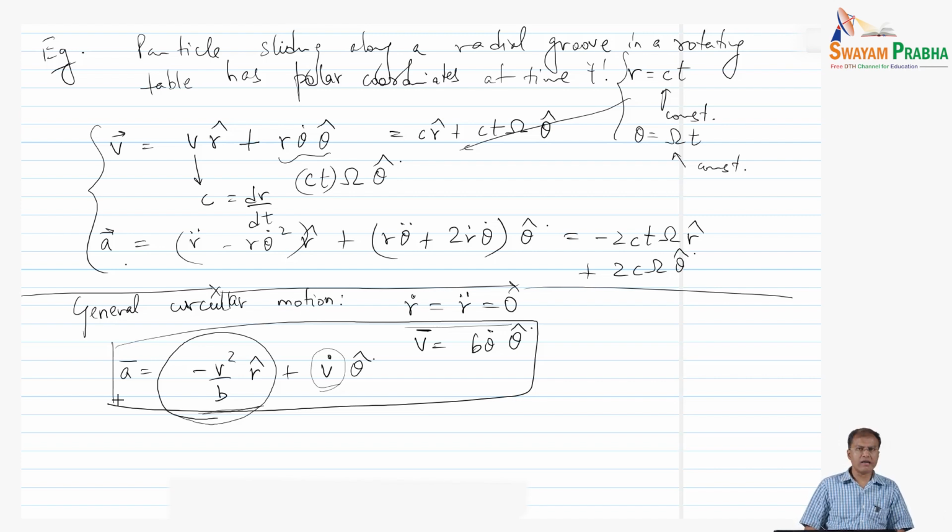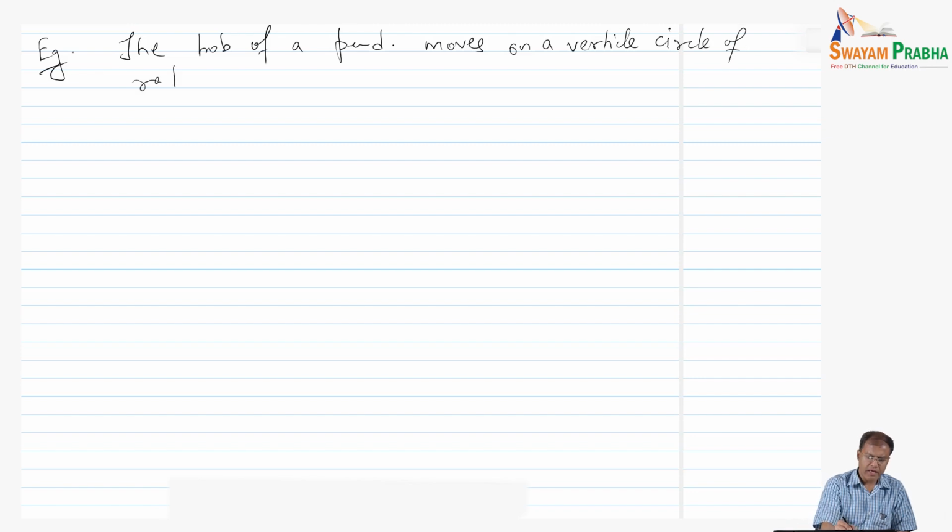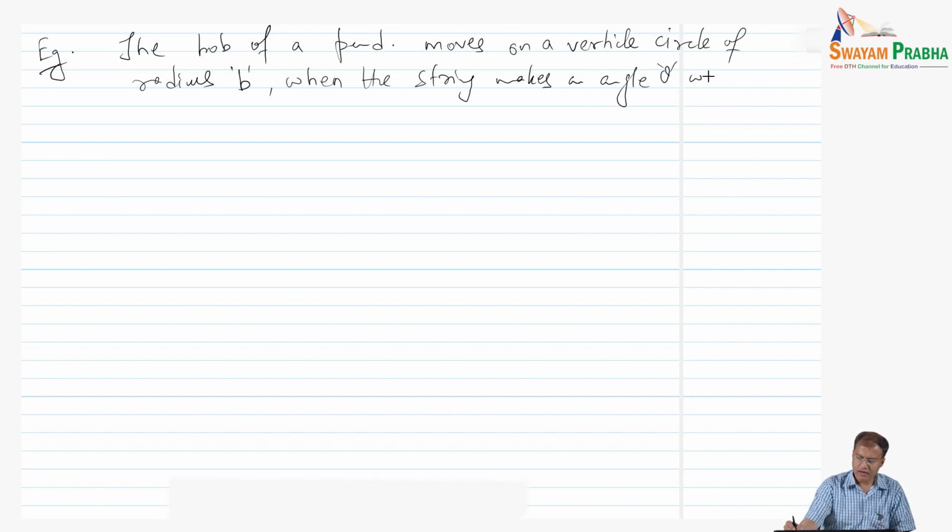Okay, so let us quickly look at an example. The example says the bob of a pendulum moves on a vertical circle of radius b, when the string makes an angle theta with the vertical.